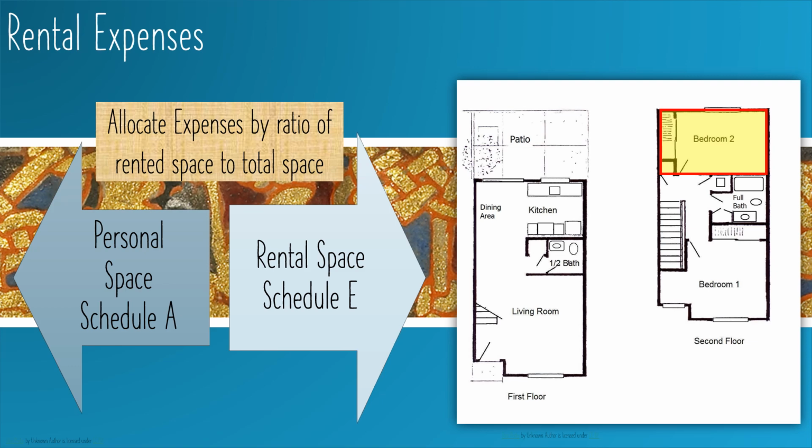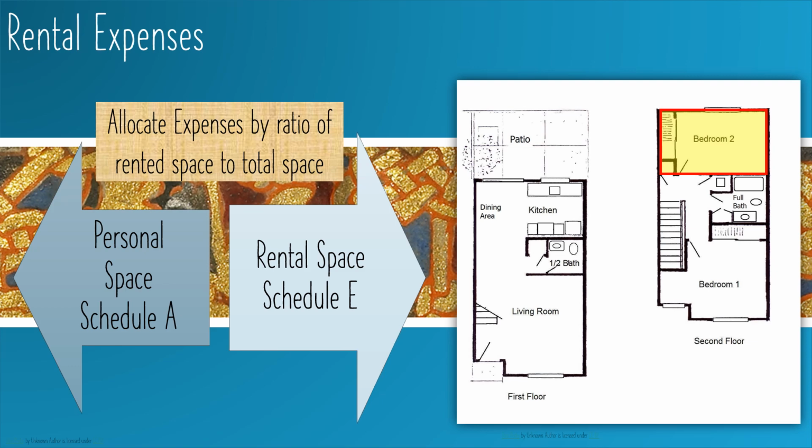And again, whatever expenses are allocated to the personal use of that space, if they are deductible on the return as itemized deductions, they would go to Schedule A. If they are allocable to the rental space, then they go to Schedule E. So those are our indirect expenses.